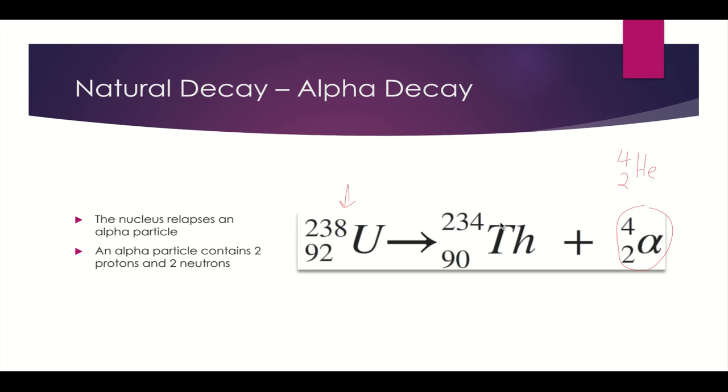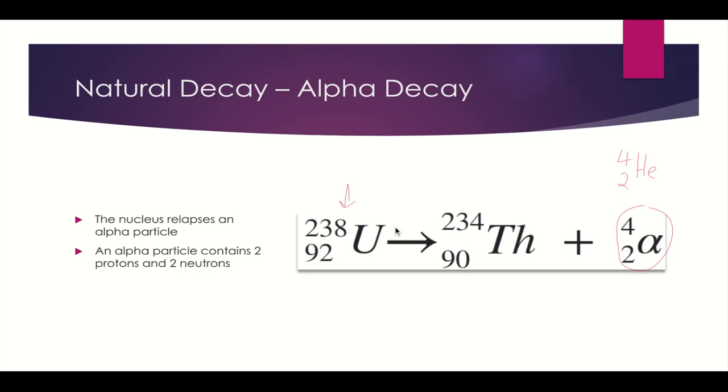When that happens, it forms thorium-234. Why thorium-234? Well, if it's going to lose 2 protons, 2 neutrons, it's going to lose 4 mass units, and it's going to lose 2 in the atomic number section because it loses 2 protons, right? 2 protons, 2 neutrons is an alpha particle.